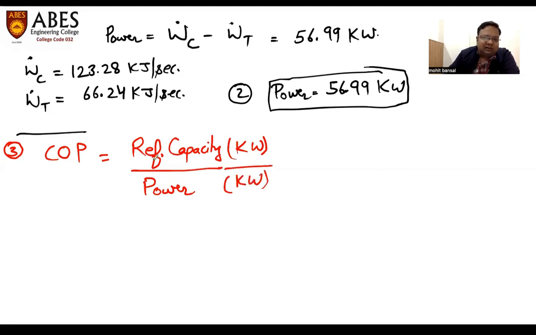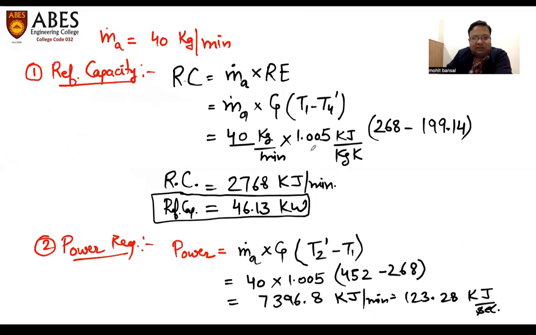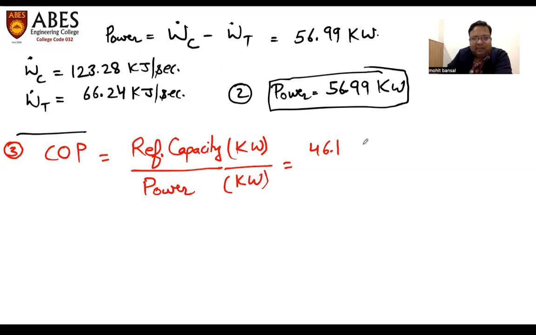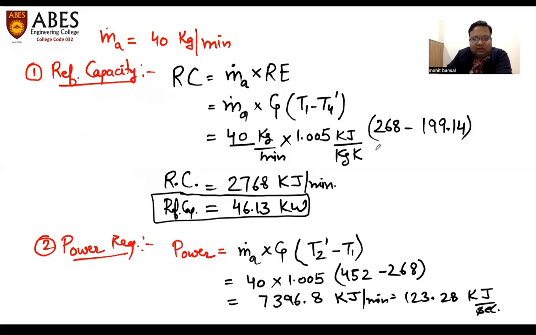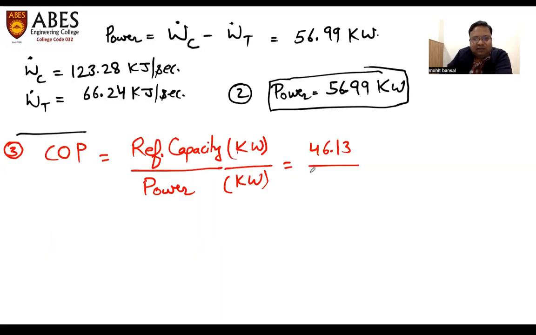So do remember this thing, when we take this refrigeration effect, that has to be replaced with this work term, that will be kilojoule per kg. So in this term we have taken the refrigeration capacity to the power. The refrigeration capacity we have just calculated as 46.13 to the 56.99, and on solving, the COP comes out to be 0.81.